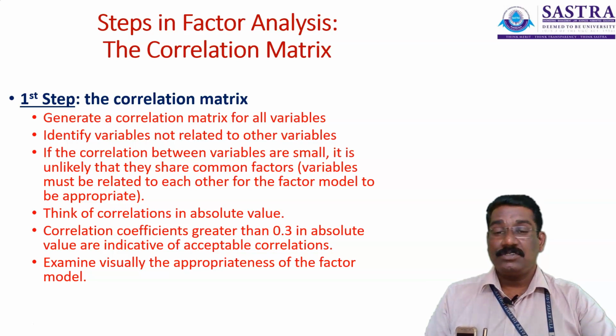Any variable not meeting the requirement of 0.3 and above can be excluded from the factor analysis, and it can be very well examined visually through the appropriateness of the factor model.